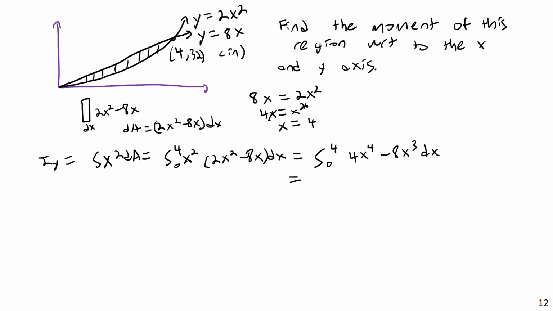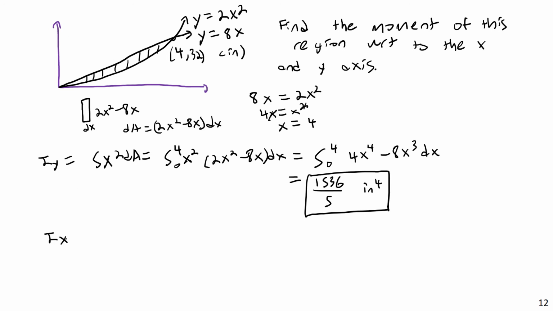Integrating 4x to the 4th minus 8x to the third with respect to x from 0 to 4, in exact mode, I get 1536 over 5. This is in units of inches to the 4th, and that is our Iy, the moment of inertia with respect to the y-axis.